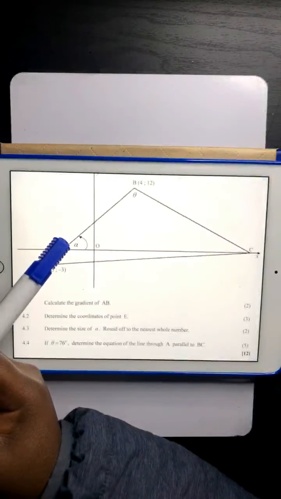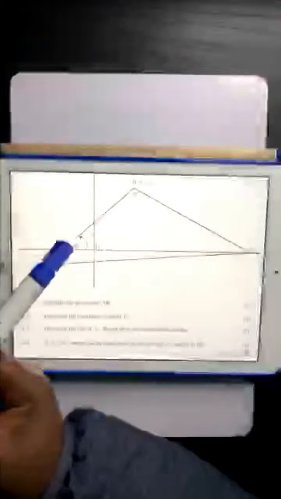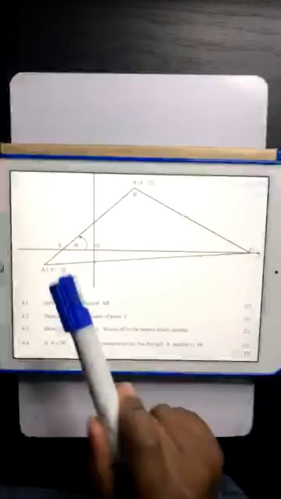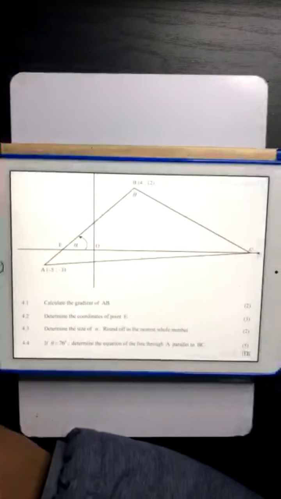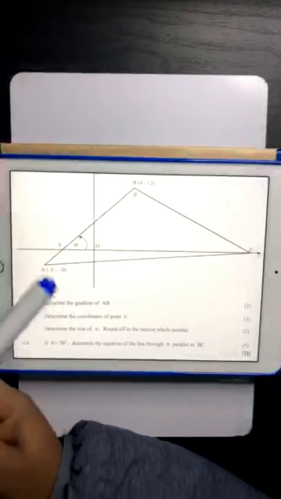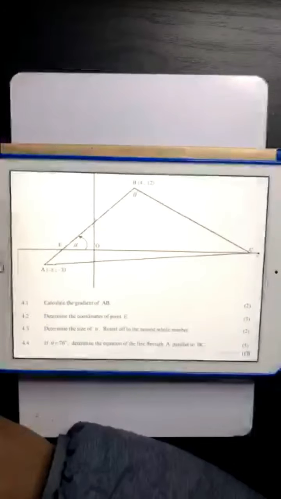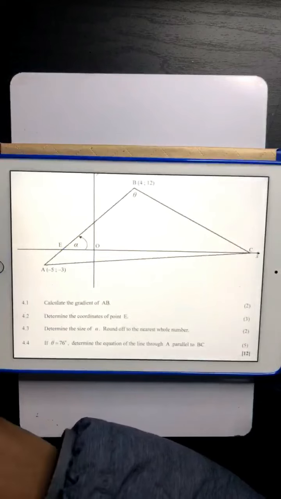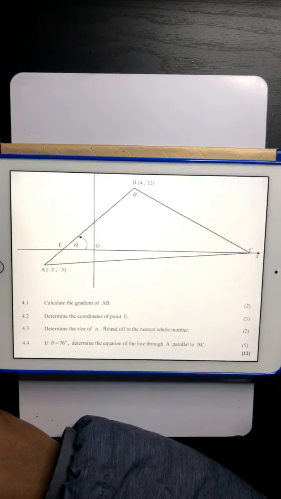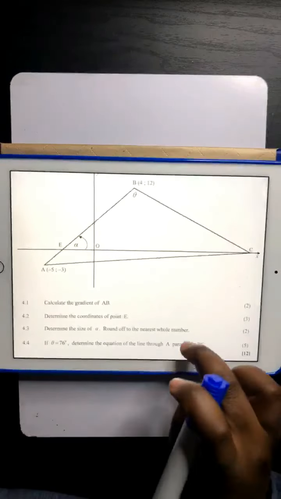We don't know what X is, but we know that Y is 0. So if we know the equation of that straight line, we can use that equation to calculate X, because we already know that at point E, Y is 0. And also for point E, expect to find a negative X value, because point E is on the negative side of the Cartesian plane, or the negative side of the X axis. Very, very much important, ladies and gentlemen.